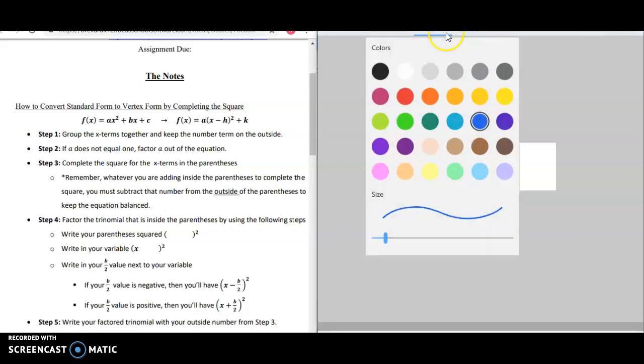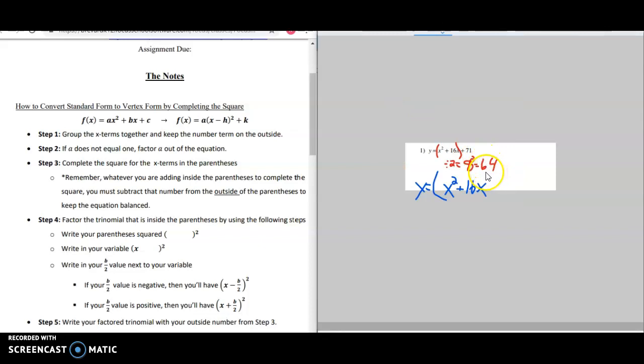What does change is I'm going to take the number that I got over here after squaring, and I am adding it to my equation.